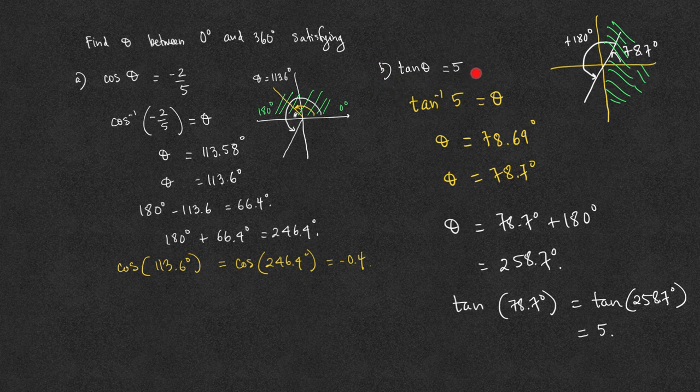The given equation or the problem does not mention anything about the tangent inverse. If the question asks us to find tangent inverse of 5, then the only answer is 78.7 degrees, and we would have been done. In this case, we found two angles that satisfy this condition.